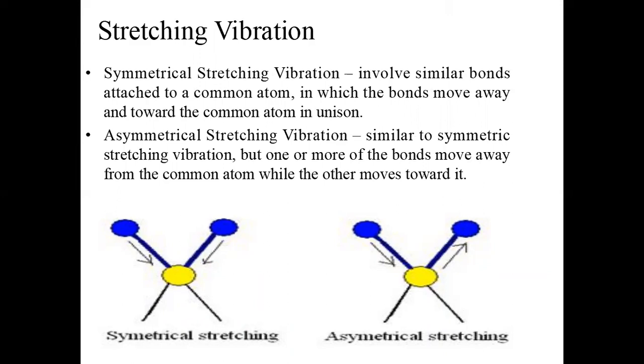And if the heads of both arrows are away from the common atom, it shows that they simultaneously move away from the common atom. But in the case of asymmetrical stretching, we can see that one is moved towards the common atom but the other is moved away from the common atom, and these are shown by the arrowhead.